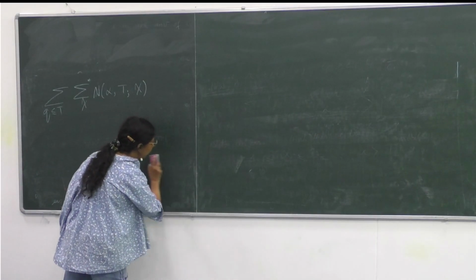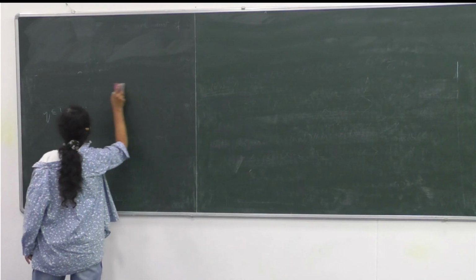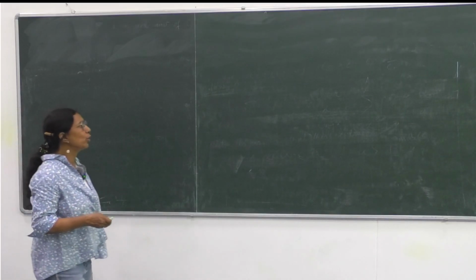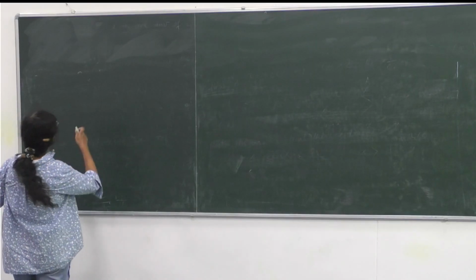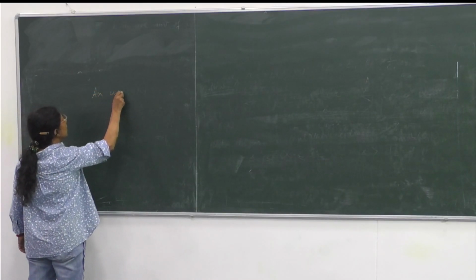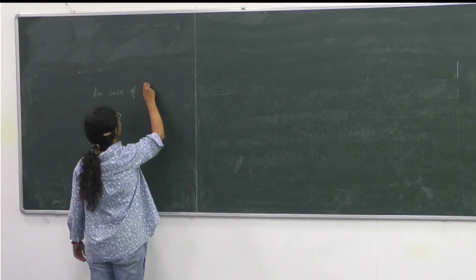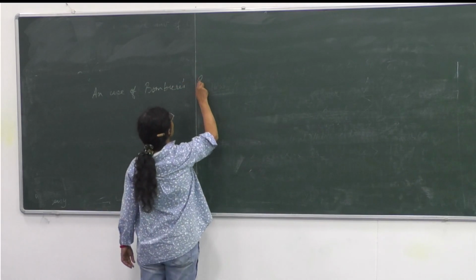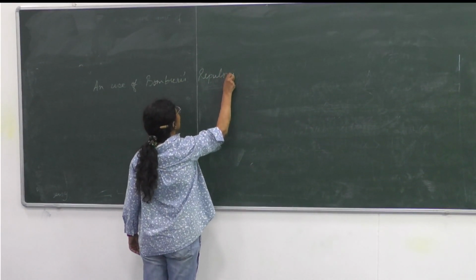So the repulsion theorem was first given by Doering and Heilbronn, and then subsequently by Linnik, and this seems to be the best result known, or at least it's a very good result. I don't know if it's the best result or not. So, and use of Bombieri's repulsion theorem.